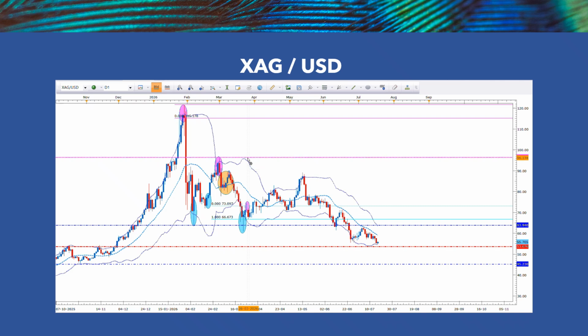Since then, it has managed to print lower highs after lower highs, although it tried to go back up after touching 60.6 and then getting held back at about 87.76.